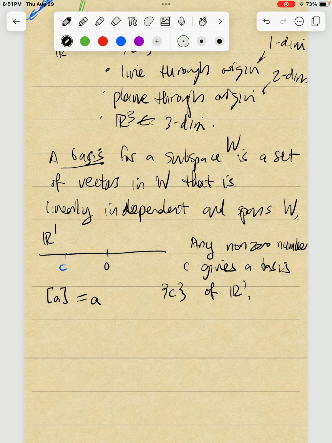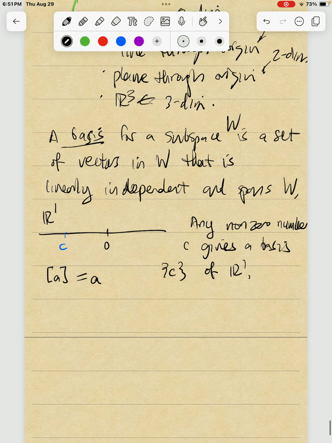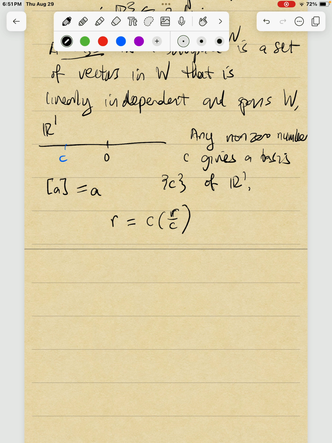To check that it spans R1, just take any real number, say R, and write it as a scalar multiple of C. Well, that's just going to be R over C times C. So this shows that every real number is a linear combination, a scalar multiple of C. To make it match the notation more, it's better to write it as R over C, times C, so that I'm taking a scalar multiple of C.